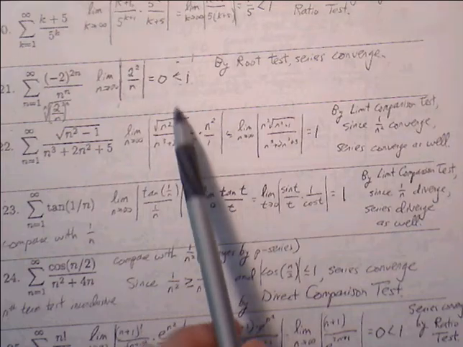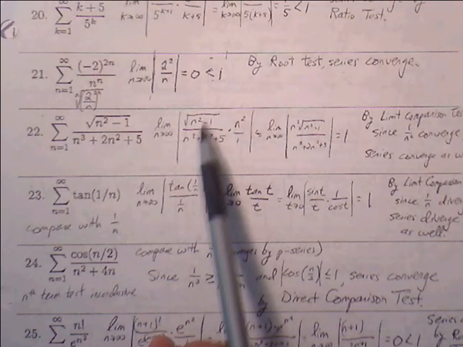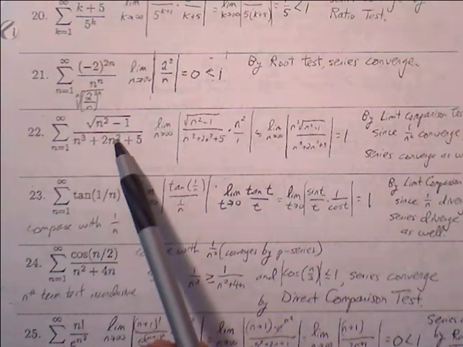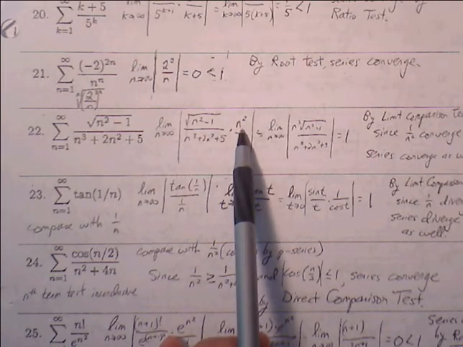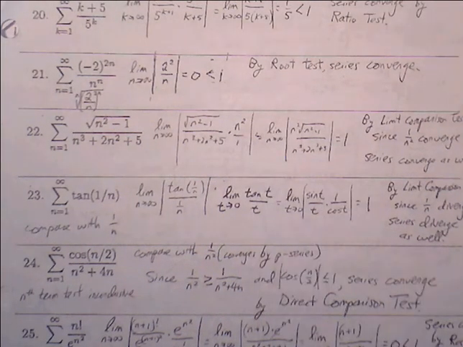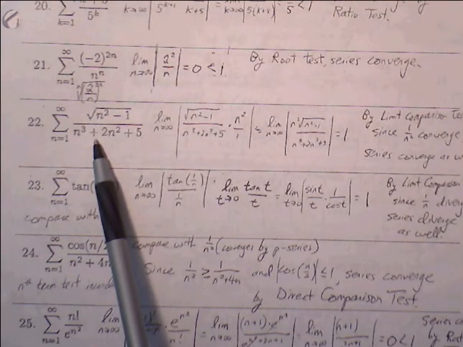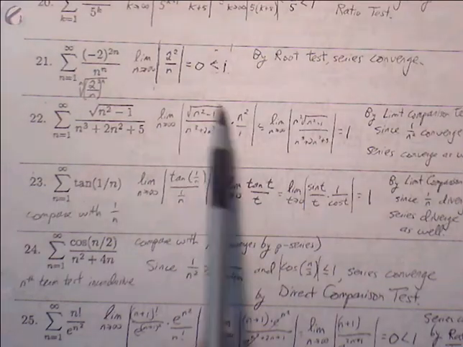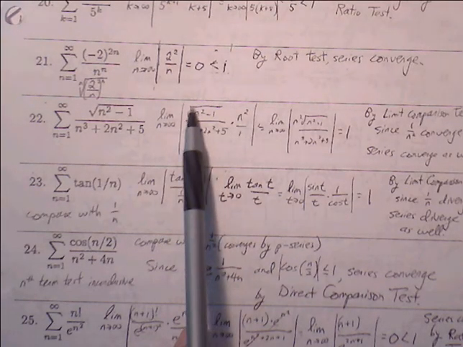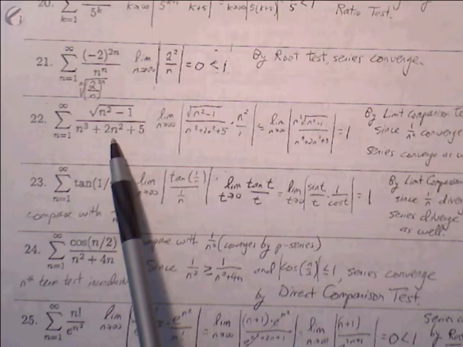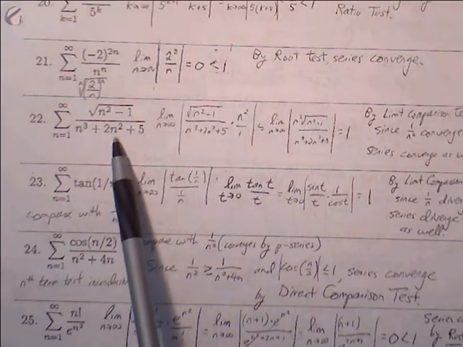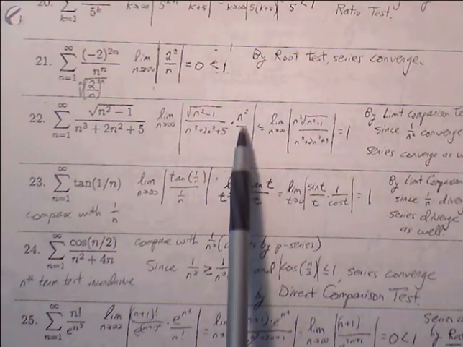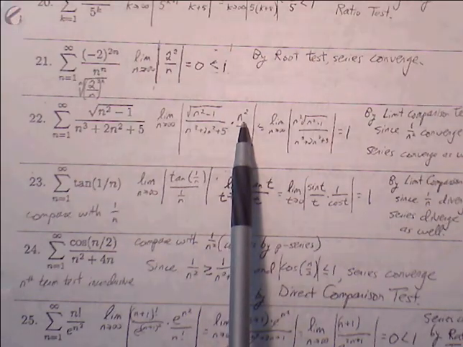So if we can show a sub n divided by b sub n gives us a real number, then we know this series must share the same convergence characteristics as 1 over n squared. If we take this rule of sequence divided by 1 over n squared, that's the same thing as multiplying by n squared.